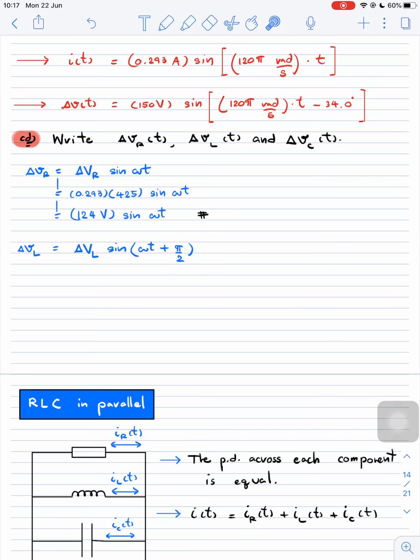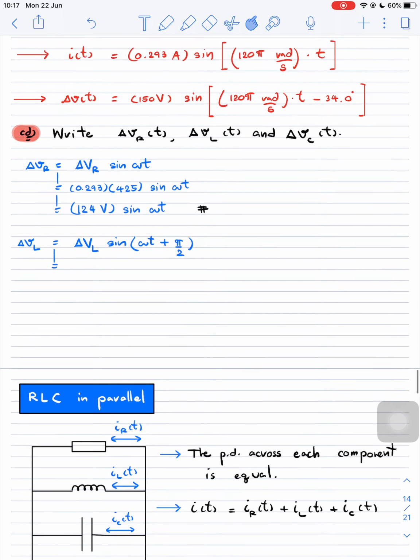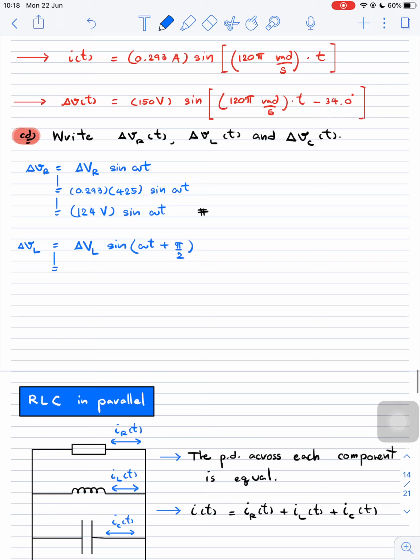That's why we have the positive pi half here. We don't know delta VL, but we know that delta VL equals the maximum current times XL. The maximum current is 0.293 and XL is equal to 471, times the sine of omega t plus pi half.